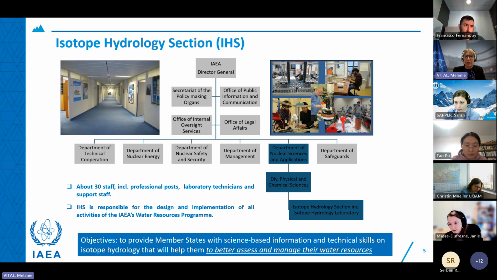The Isotope Hydrology Section is comprised of technical officers that provide scientific guidance to member states, and laboratory staff that develop new methodologies of application of isotope hydrology. Our objective is to provide member states with science-based information and technical skill on isotope hydrology that will help them to better assess and manage their water resources.